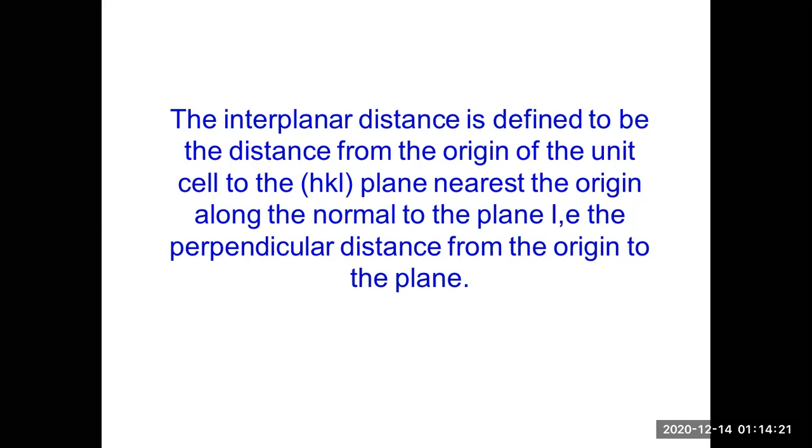And how is this plane passing? That is the perpendicular distance from the origin, taken as the perpendicular distance passing through the origin. So that is actually the definition of interplanar distance.